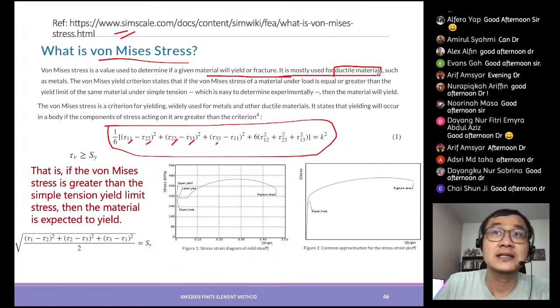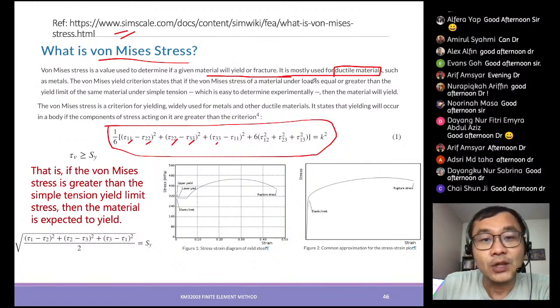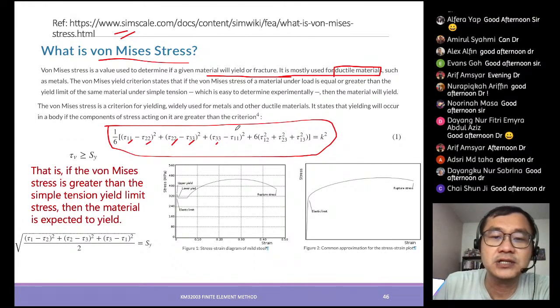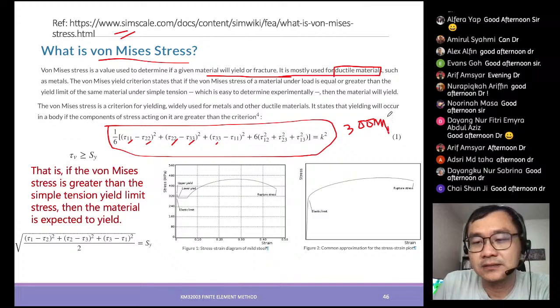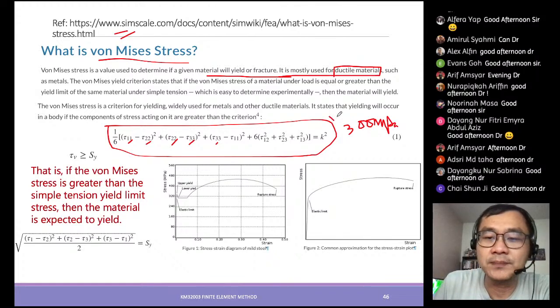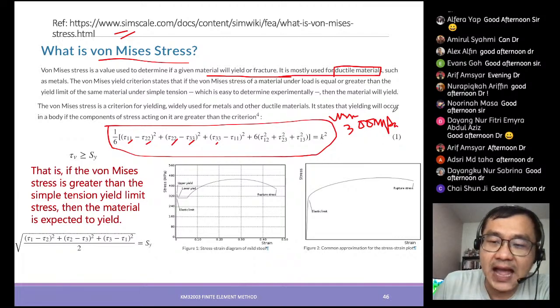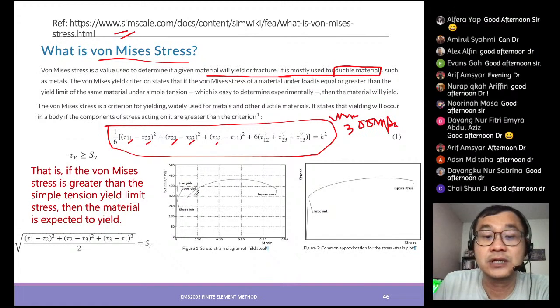Basically what they found out is that if we use the von Mises stress criterion, let's say you get a stress on your specimen in your analysis of 300 megapascal. The von Mises stress is 300 megapascal, meaning there is a high chance that, let's check, 300 is somewhere here.